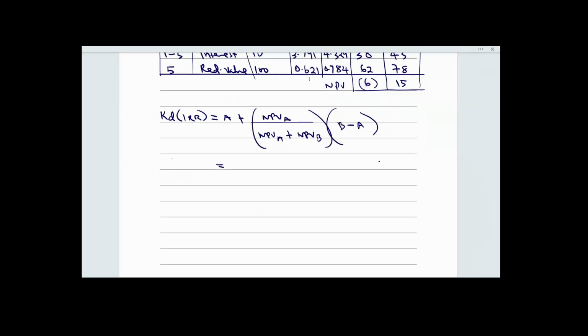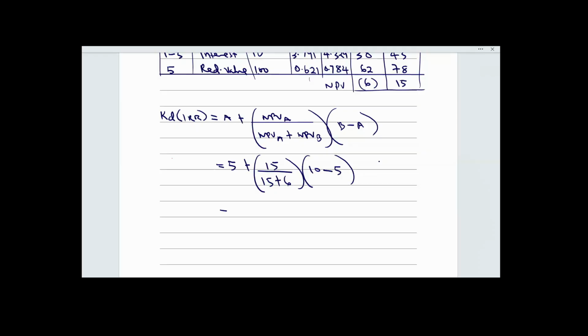We assume 5% and 10%. 5% is lower. So I will say 5 plus NPV of that 5% which is 15, divided by 15 plus NPV of the higher discount rate, which is 6, all multiplied by 10 minus 5.